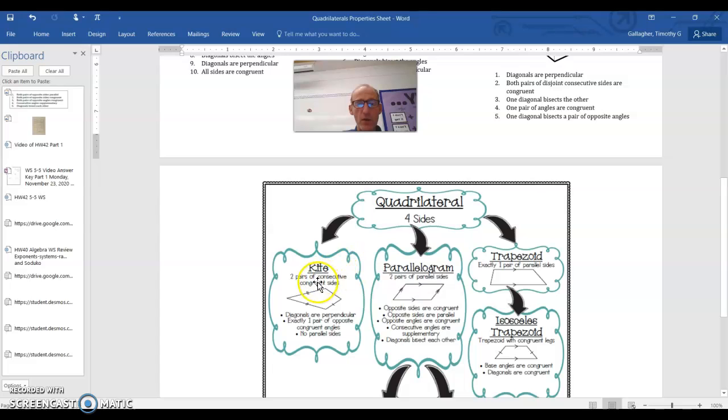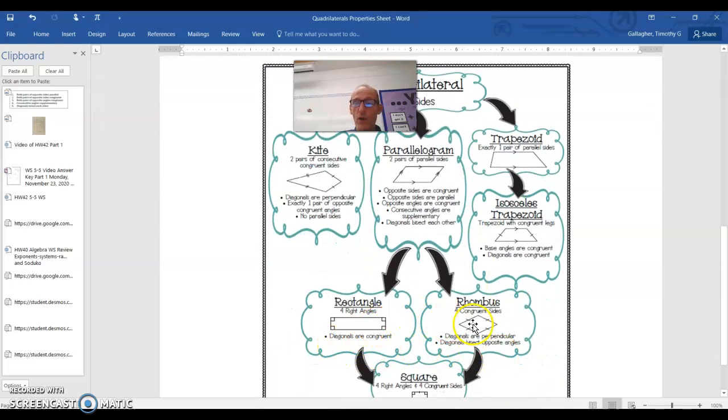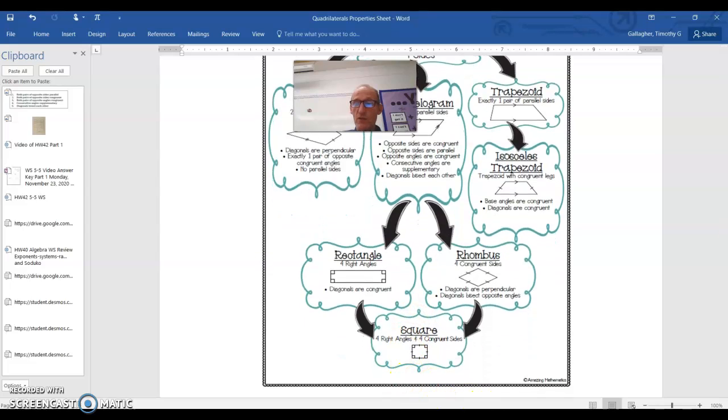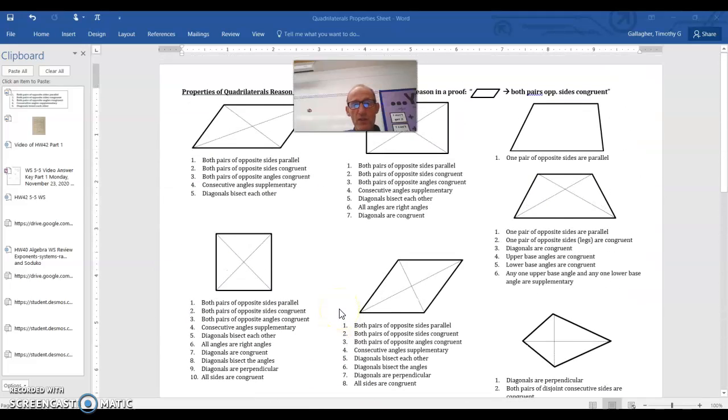Okay, so there are kites, there are parallelograms, trapezoids, isosceles trapezoids, rectangles, rhombuses, and squares. Okay, so there's a lot going on here that we really have to keep in mind when we're doing this. Okay, so what are some of the problems that you're going to see regarding this?